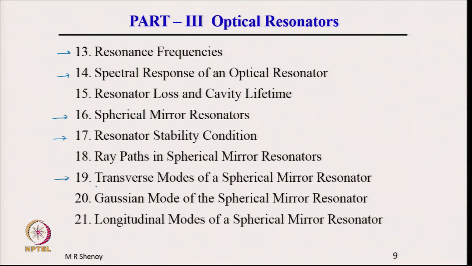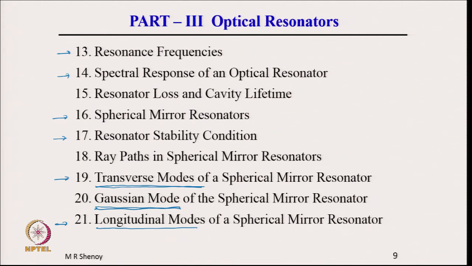These are the Hermite-Gauss modes of the spherical mirror resonator, and the fundamental member of this family is the Gaussian mode, which we discussed in a little bit more detail. So, lasers have longitudinal modes and transverse modes. Longitudinal modes refer to the resonance frequencies, and transverse modes refer to the transverse field distributions supported by the resonator.